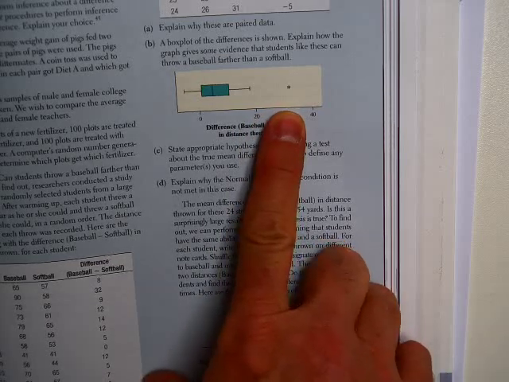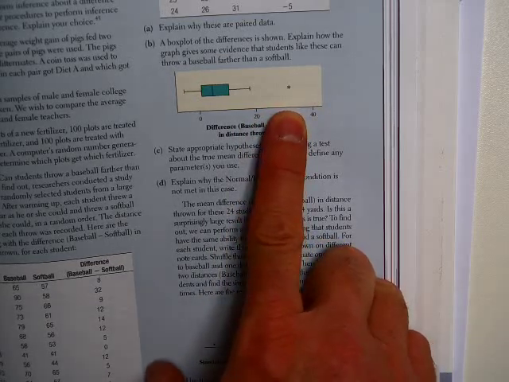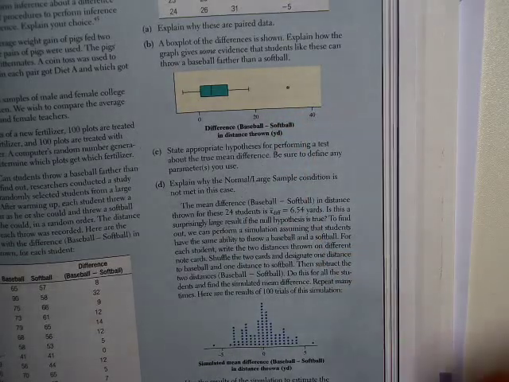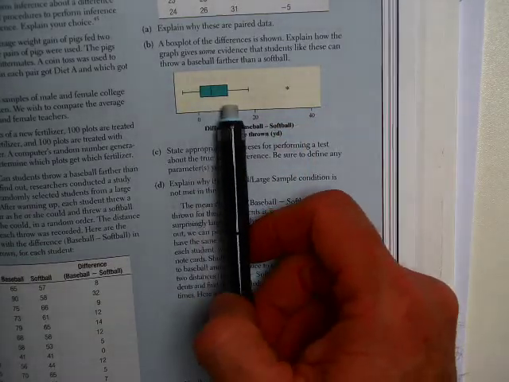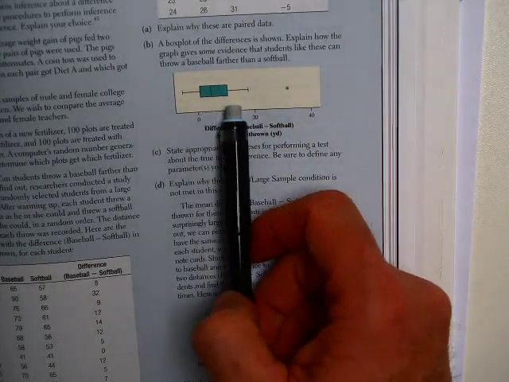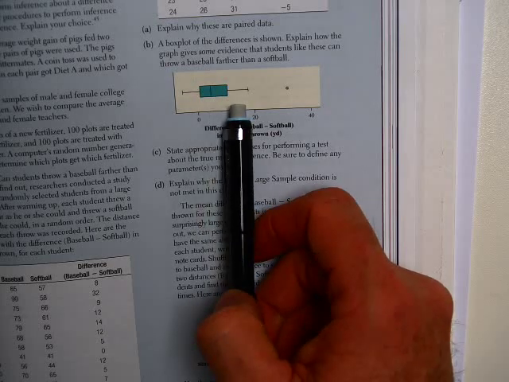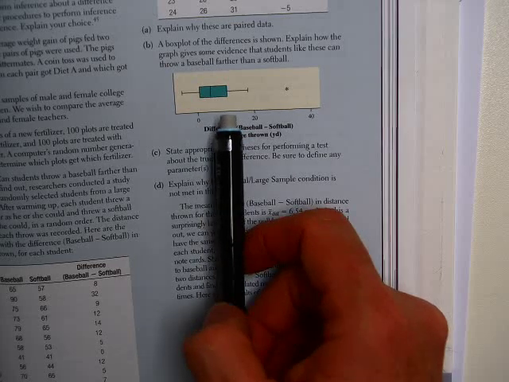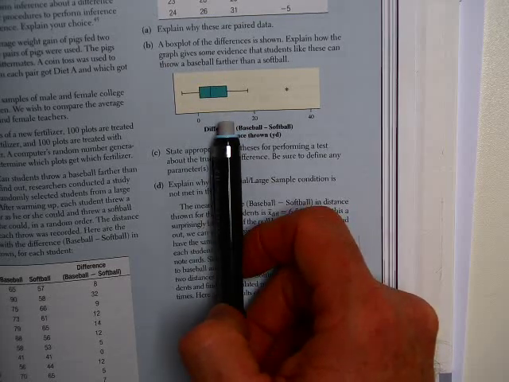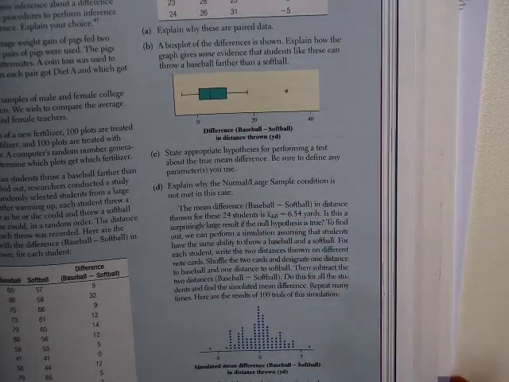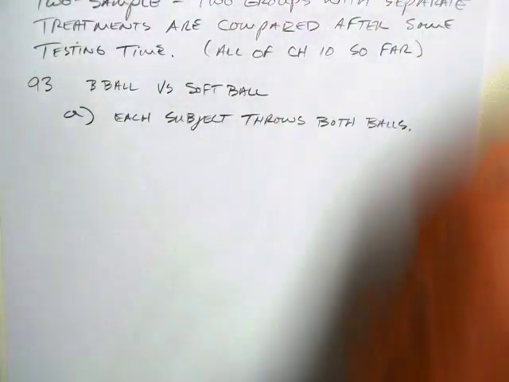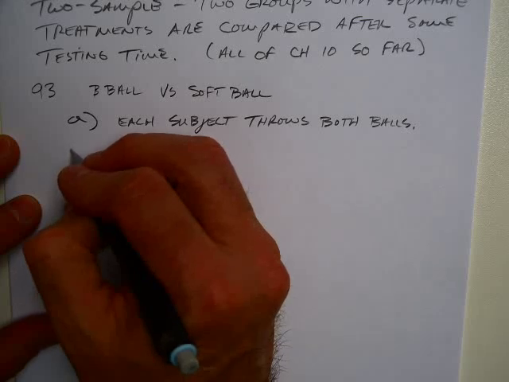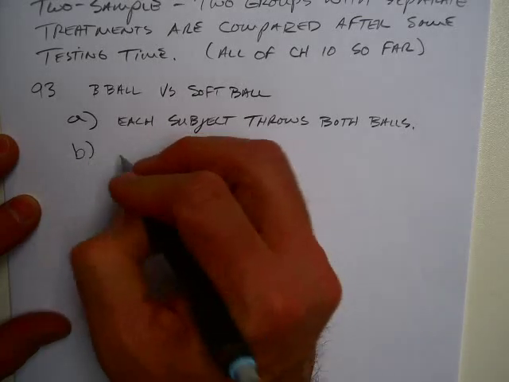The evidence that I see is that it looks to me like at least 3/4 and a little bit more can throw the baseball farther than the softball, because it's baseball minus softball, which gives us a positive value. So I would simply say that more than 3/4 or more than 75% of the subjects were able to throw the baseball farther.